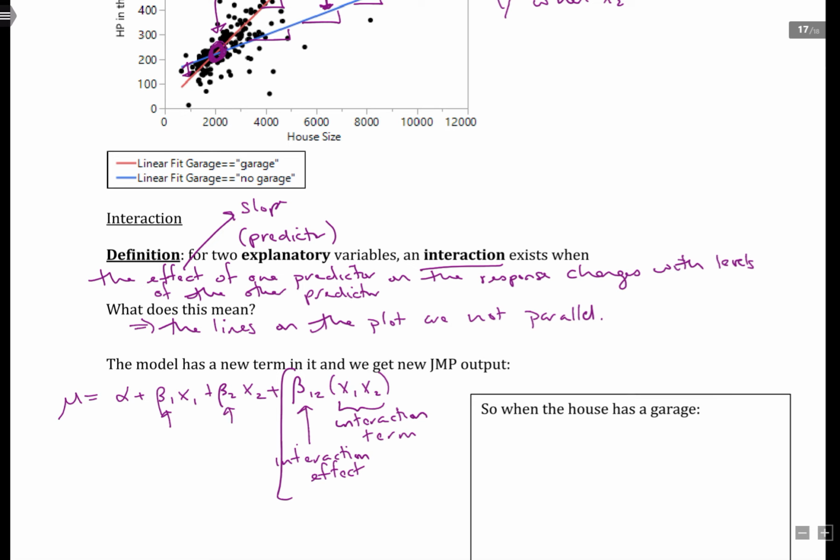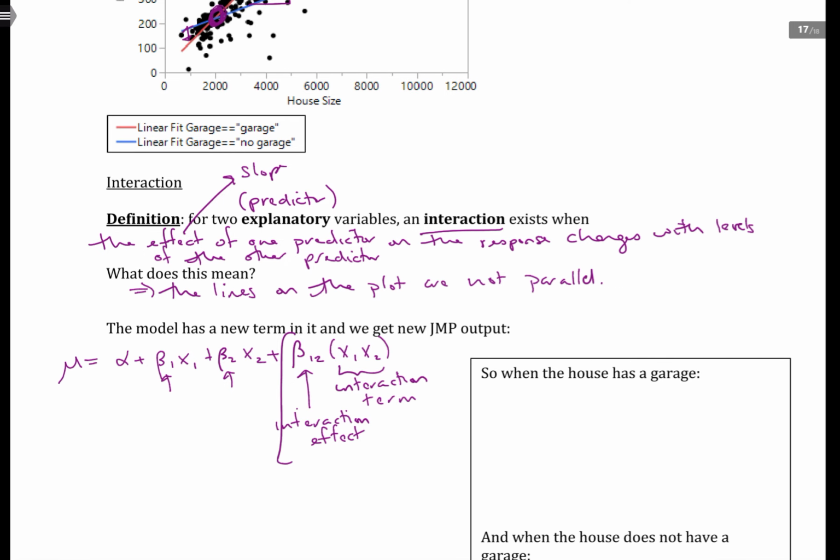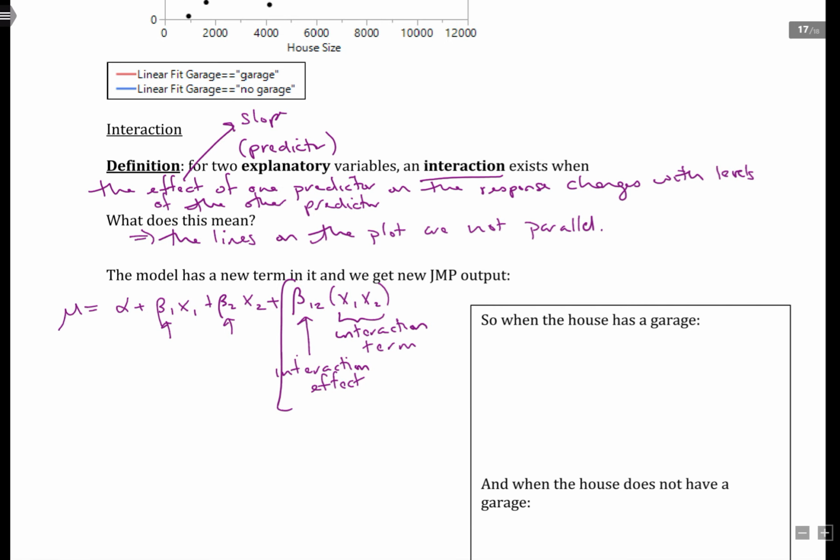Beta 2 is the simple effect of x2 on the response. But now, if I let x1 and x2 vary together, I can see a change in the effect of x1 or x2 when the other one changes. So let's see what that looks like.